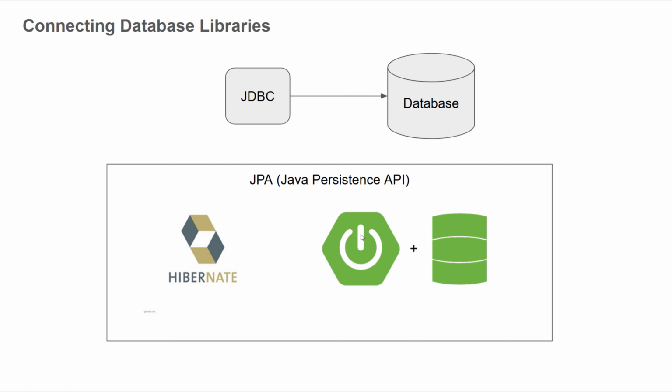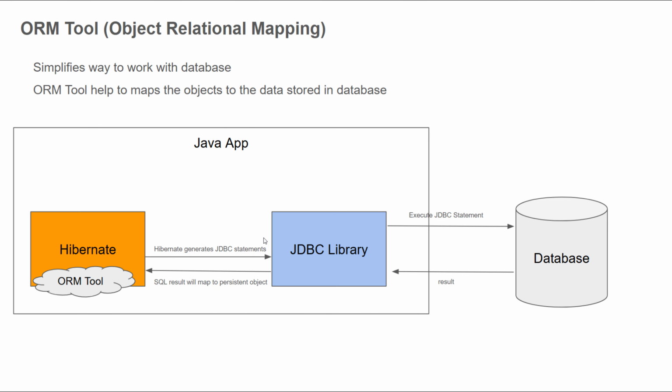All right. But Hibernate and also Spring Data have the core library JDBC in it. Okay, and you can see the Hibernate and Spring Data are ORM tools, meaning object relational mapping.